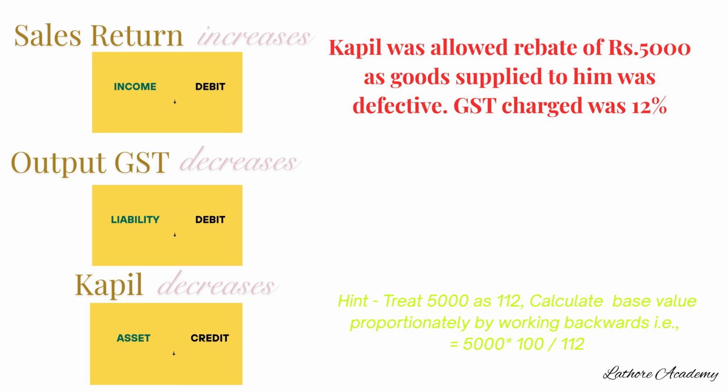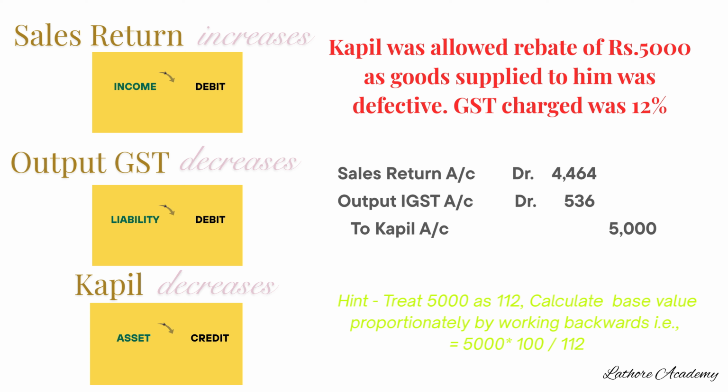So in this case, the IGST comes to around 536 rupees, so the sales return part is 4,464. So sales return account debit 4,464, IGST account debit 536, to Kapil account 5,000 rupees. Here we have to treat the 5,000 rupees as inclusive: 4,464 as sales return and 536 rupees as IGST.